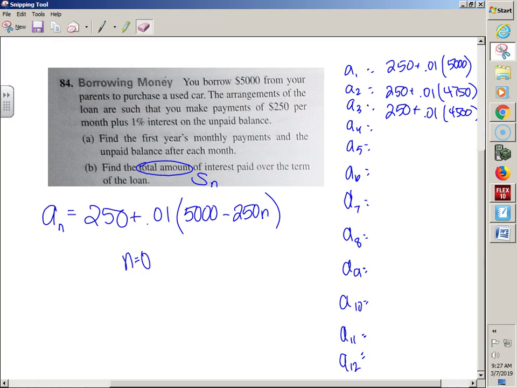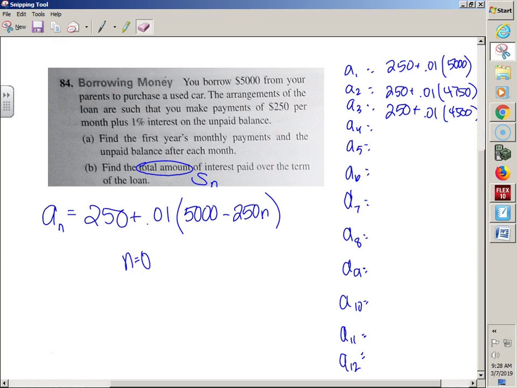What's 5,000 divided by 250? How many payments of 250 will cover the $5,000? 20? Because 25 times 2 is 50, and then add on a 0, 5,000. So 20 payments. So what are we going to do for letter B?